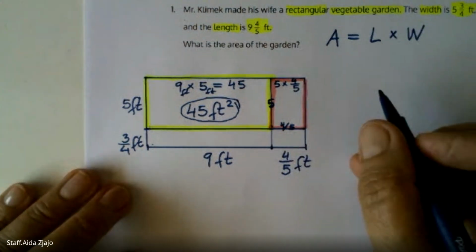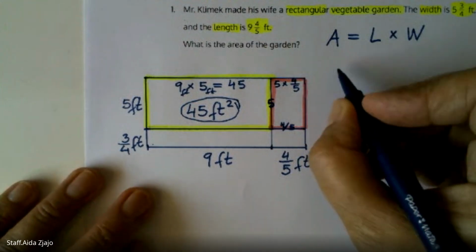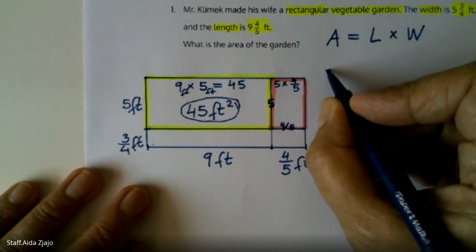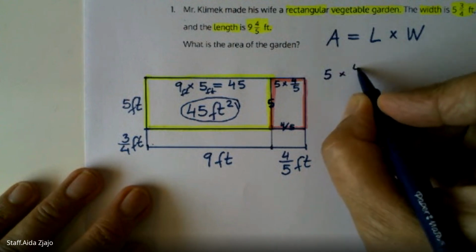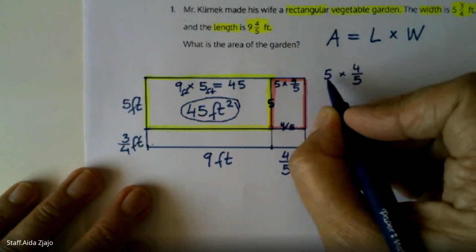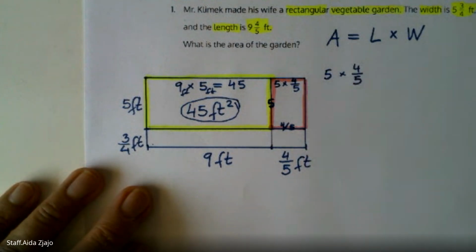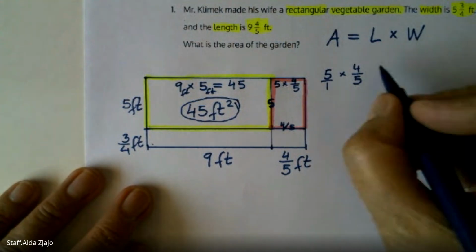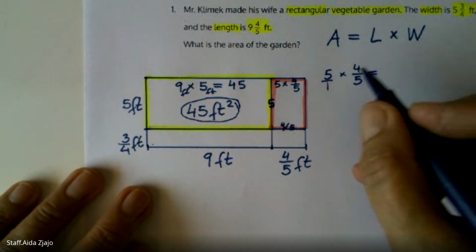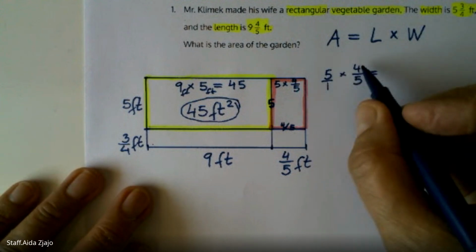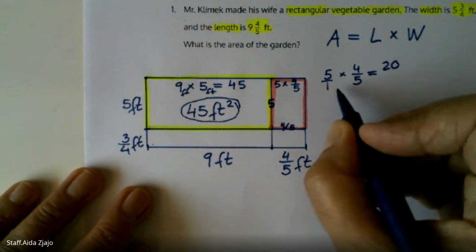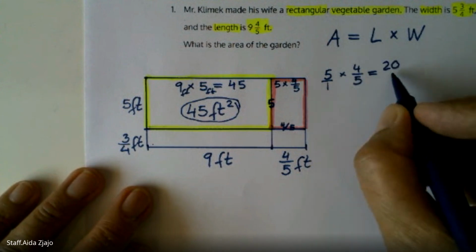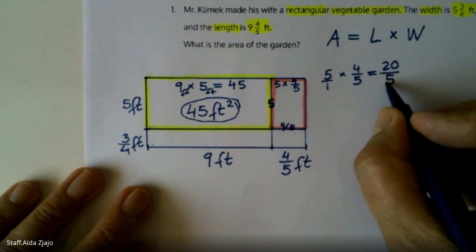If I do the work on the side, for 5 times 4/5, I can change the whole number into a fraction and use the multiplication rule for fraction by fraction. 5 times 4 is 20, and 1 times 5 is 5.